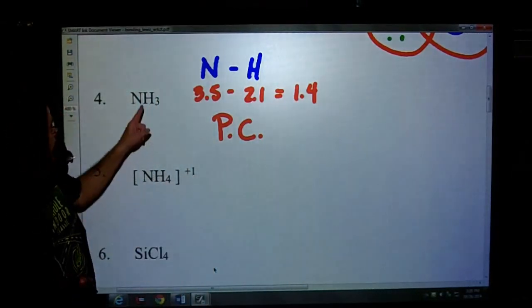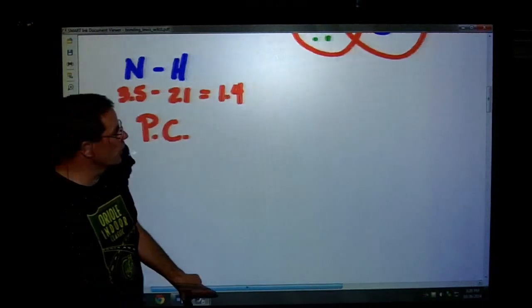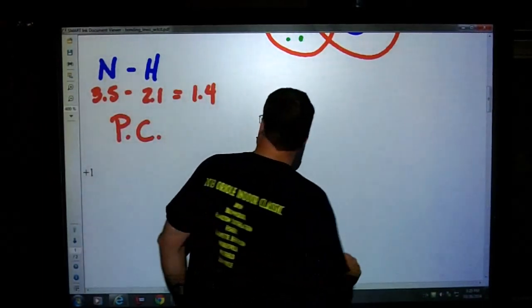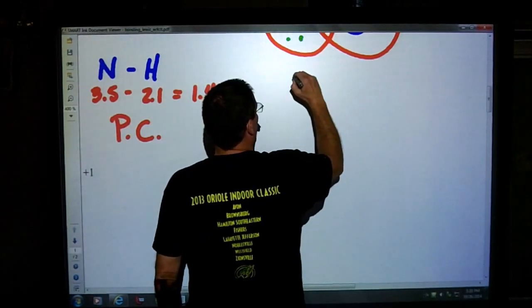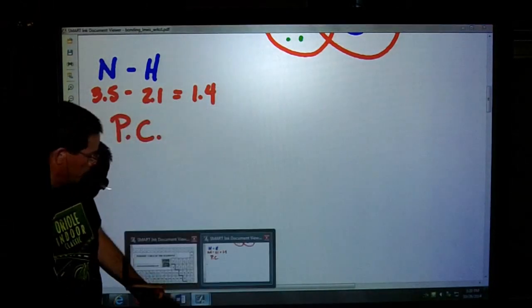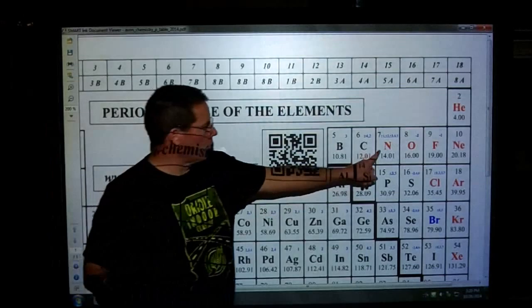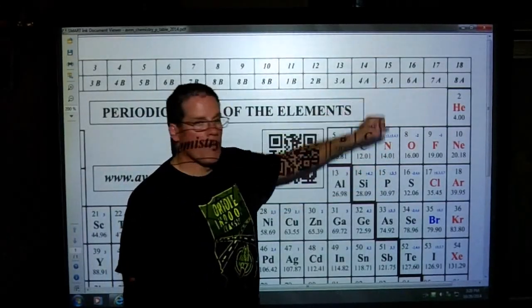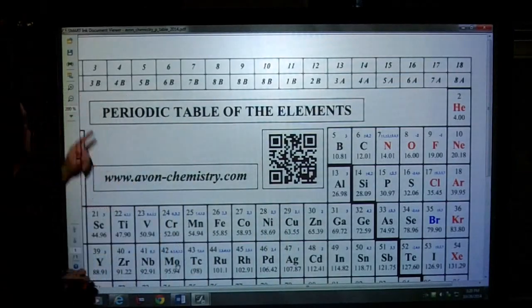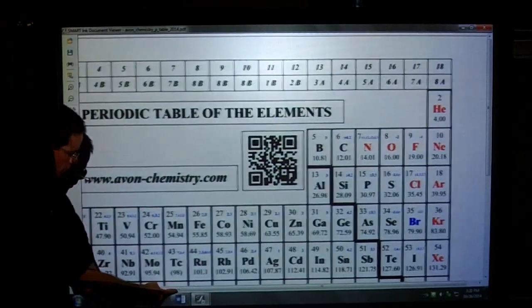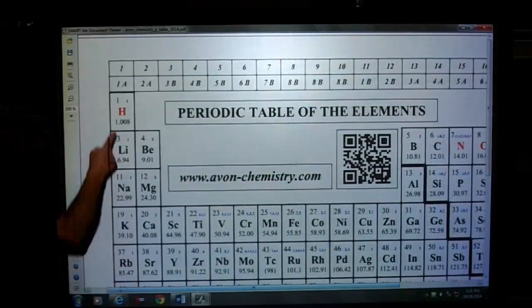Okay. Next thing we want to do is find out how many total valence electrons we have. So since we have NH3, let's look at our periodic table. How many valence electrons does nitrogen bring? 5. Very good. How many valence electrons does each hydrogen bring? We have 1.